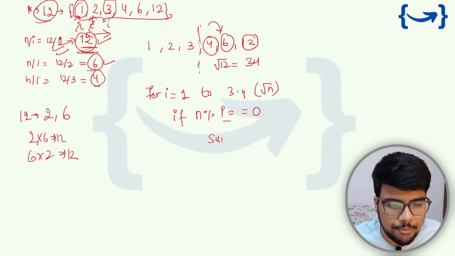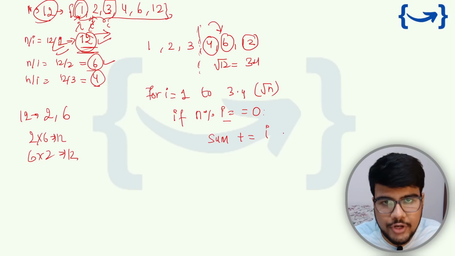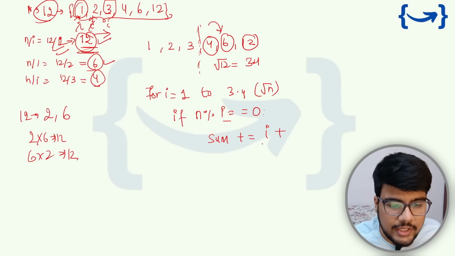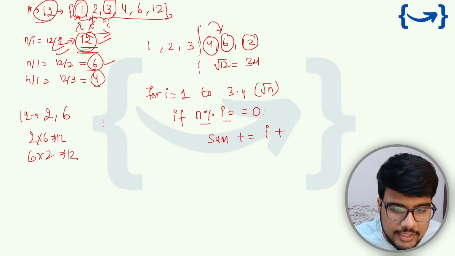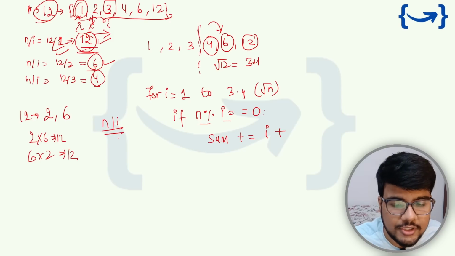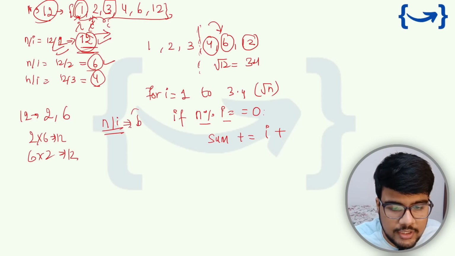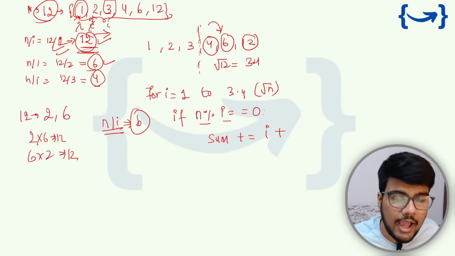Great. So I need to compute the sum at every point. So sum plus I, and I know that if n is modded by I and it is totally divisible, then definitely the quotient will end up being recomputed somewhere in the last.